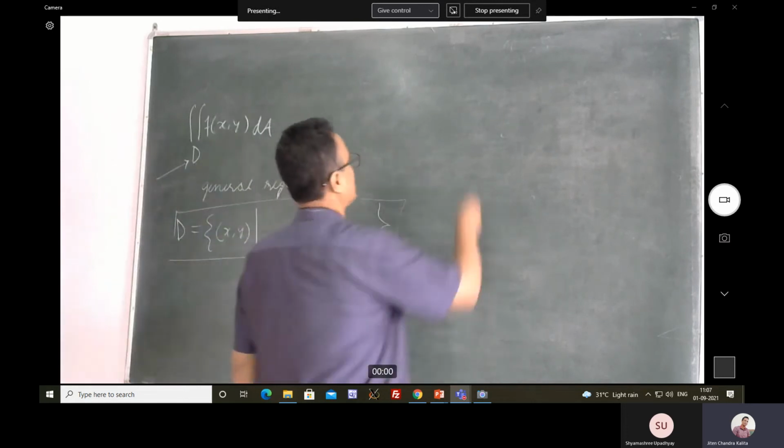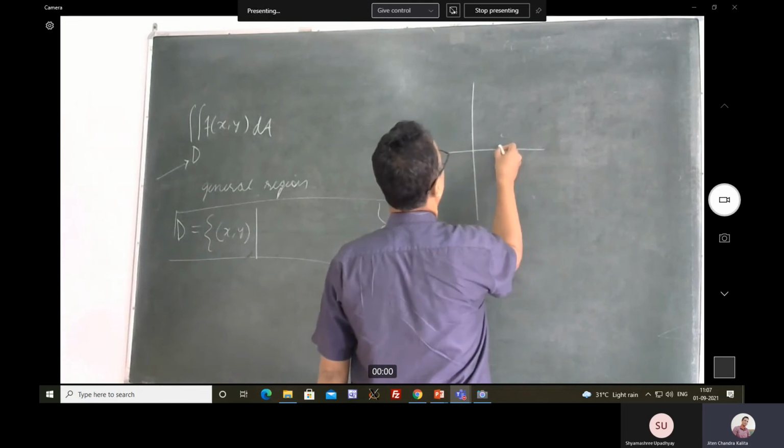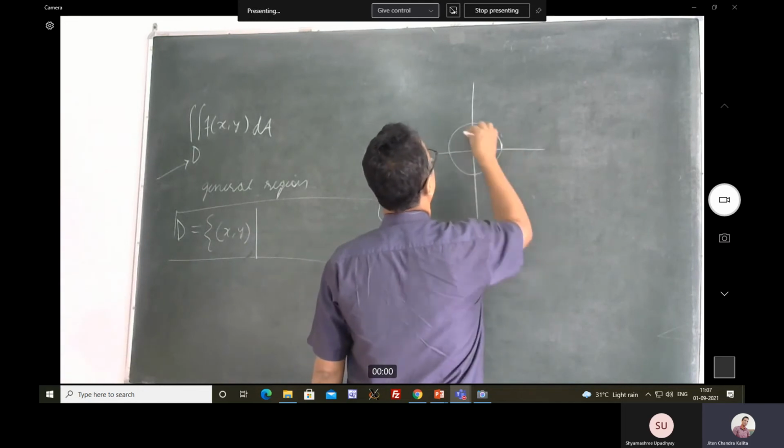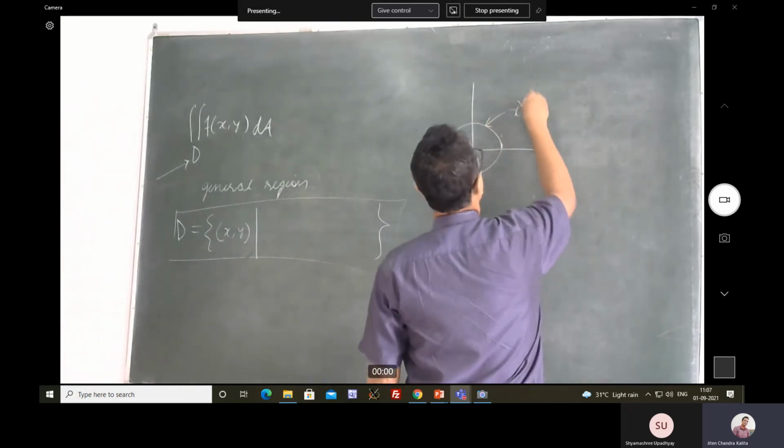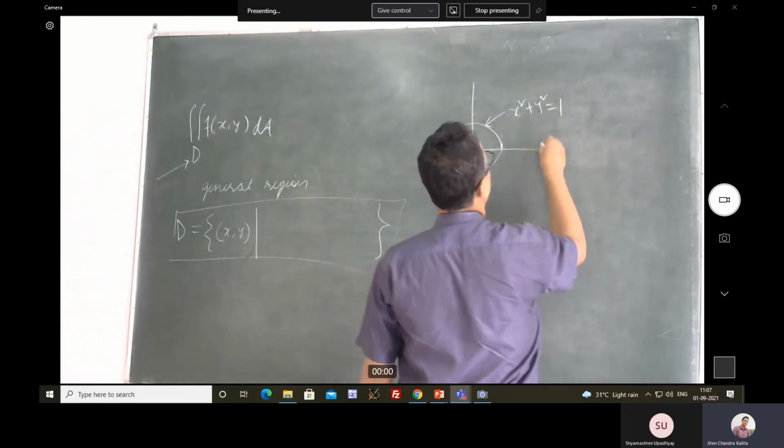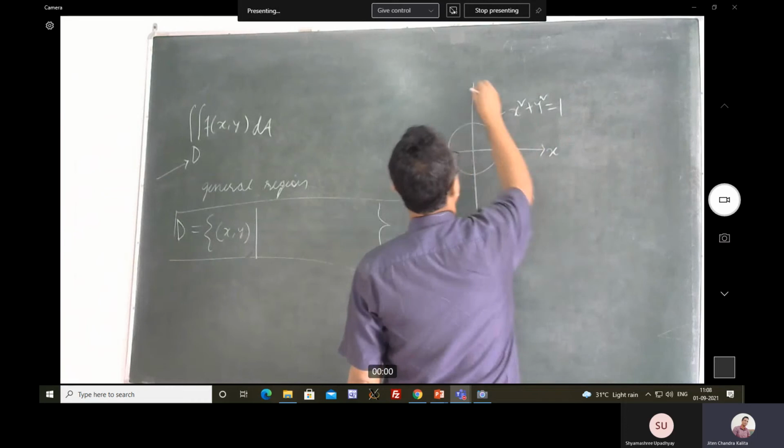Say, for example, suppose I have a domain something like this. Although it is recognizable, suppose this is the circle x squared plus y squared equal to 1.